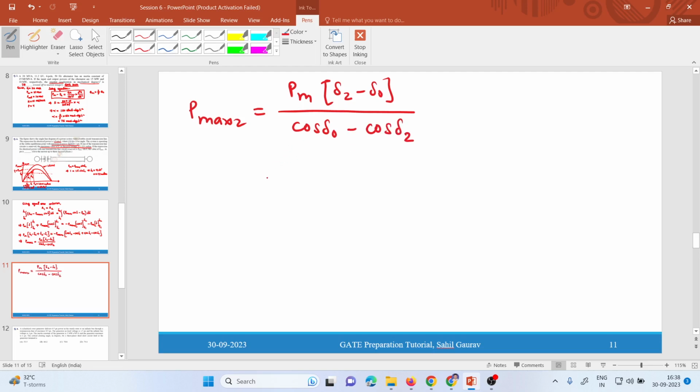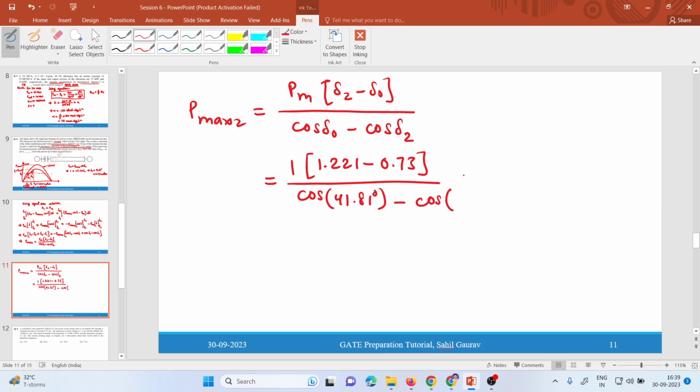So Pm is 1 per unit, delta 2 is 1.221 minus 0.73, divided by cos delta 1, cos 41.81 degree minus cos delta 2, which is 69.96 degree.